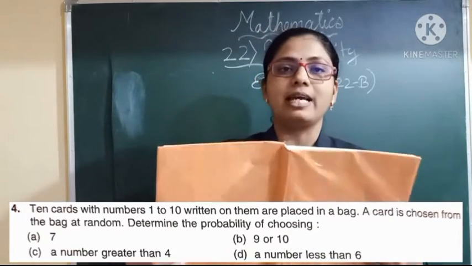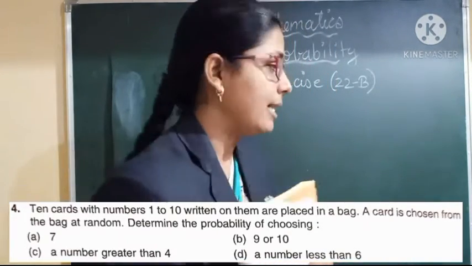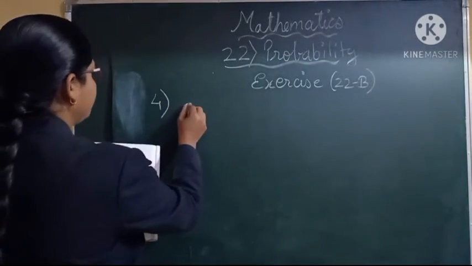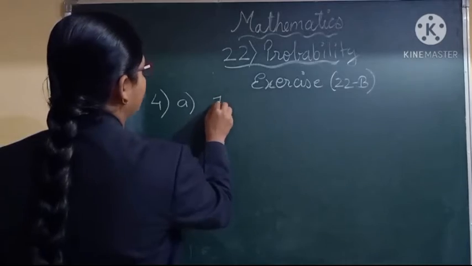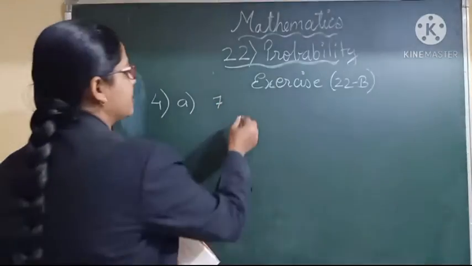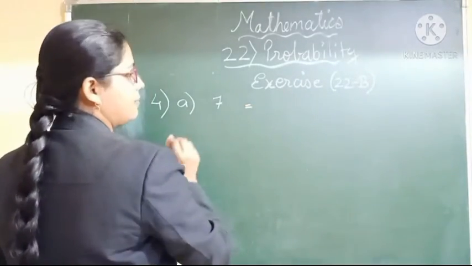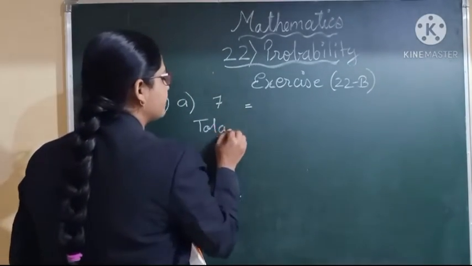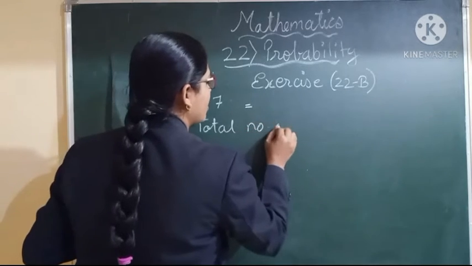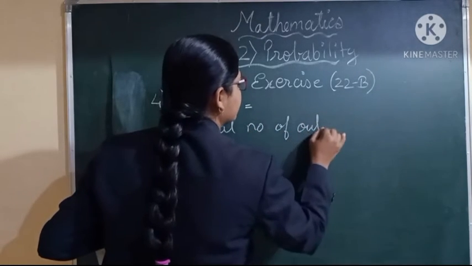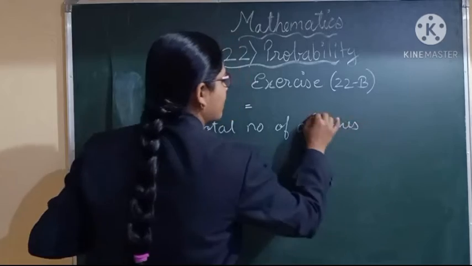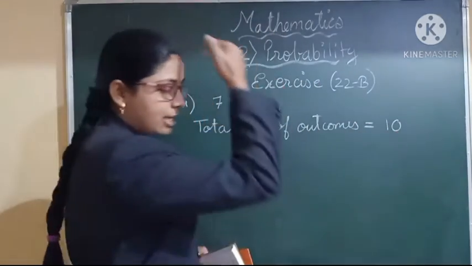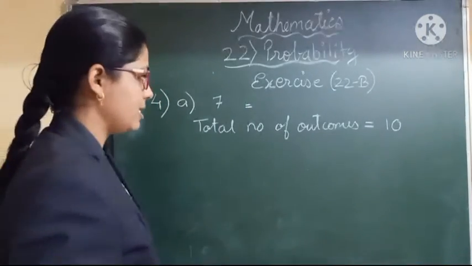So first is A, that is 7. So the probability of choosing 7 will be what, that we have to find out. First we should know the total number of outcomes. So total number of outcomes are how much? 10, because 10 cards are there. So 10 possibilities are there.